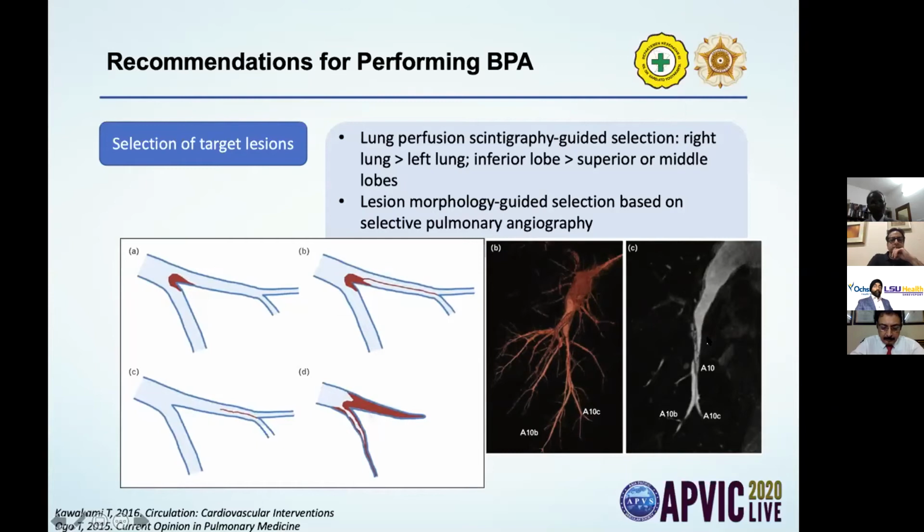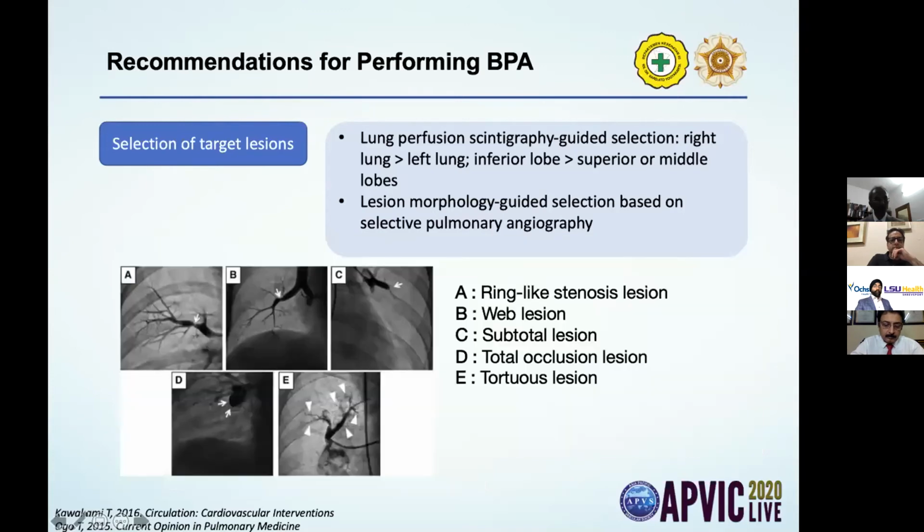But actually, if we do more selective pulmonary angiography, there is quite a variety of lesions that should be considered in CTEPH, and then we should think about whether they are favorable lesions for BPA or not. For example, A is from the right middle segment of the right pulmonary artery, where we can see a ring-like stenotic lesion. Type B is quite difficult to observe unless we do a very selective pulmonary angiography, and it's usually not observable from the CT scan.